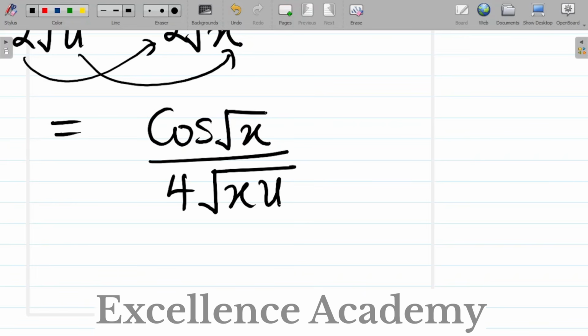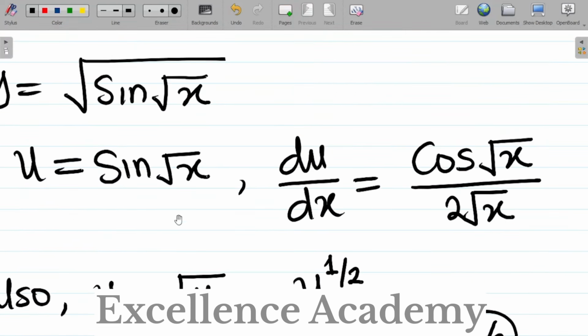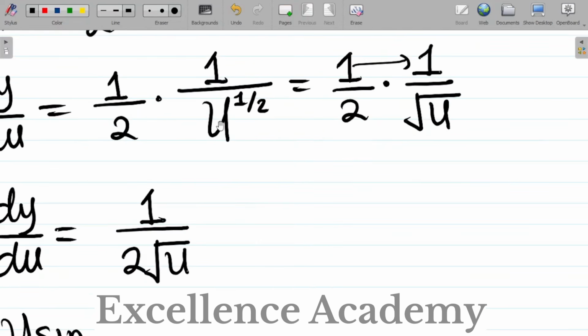Now proceeding from this, but what's u? Let's check the value of u again from this particular question. From here, u is equal to sine of root x.